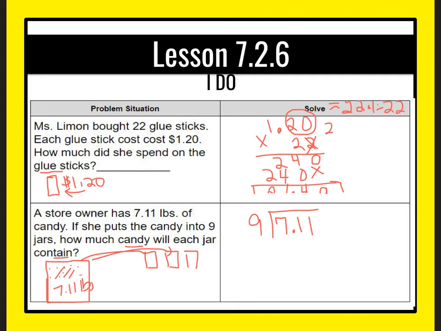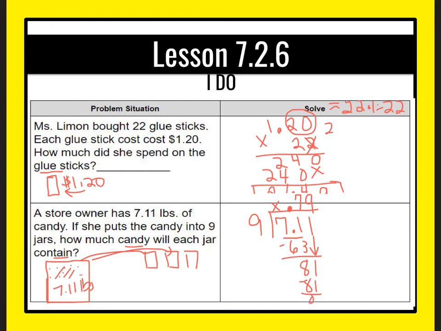Okay, so I'm going to just bring my decimal straight up in the quotient, and I know that 9 cannot go into 7, but it surely can go into 71. 9 times 7 is 63. So when I subtract the 71 minus the 63, that gives me 8. Bring down the 1, and 9 times 9 is 81.